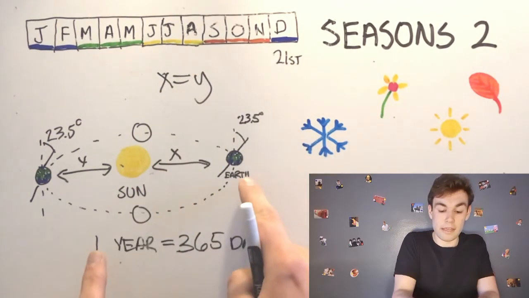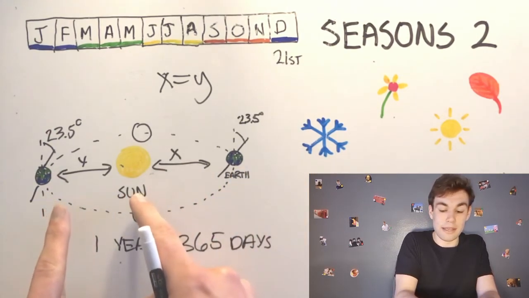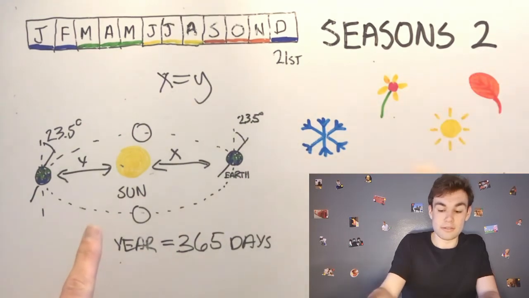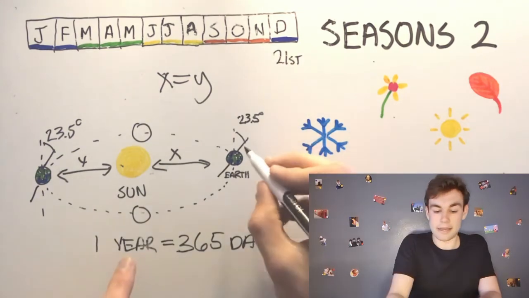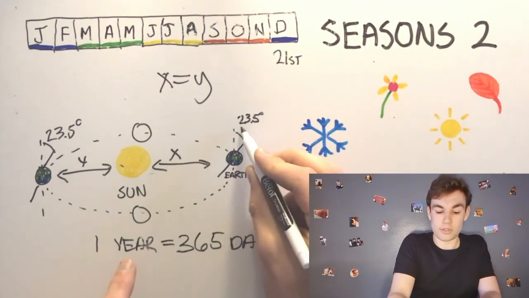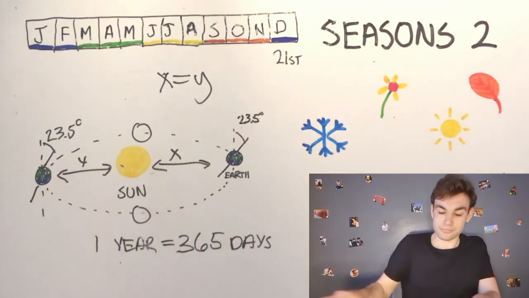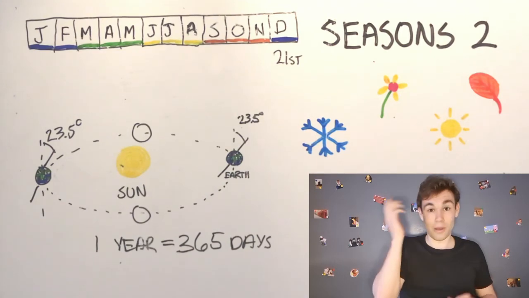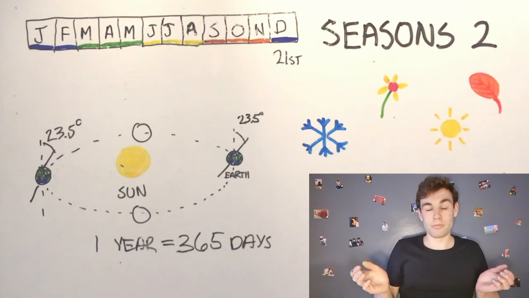The seasons are because the earth is tilted at an angle of 23.5 degrees from the sun. So now you know why there are seasons, why it is warm in the summer, and why it is cold in the winter.